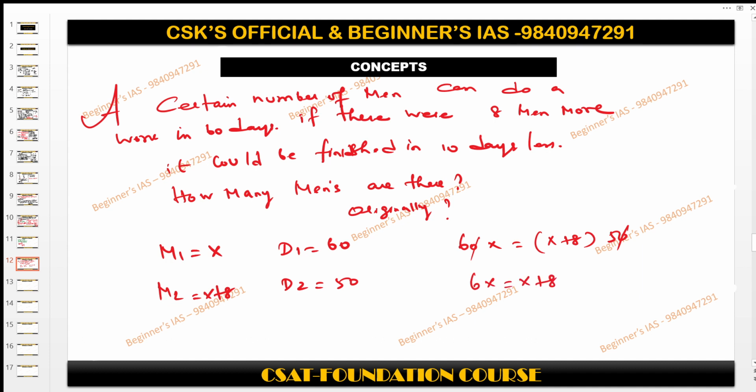Then X is equal to 40. Originally means this one. They will ask you a question on originally. Please remember. Okay. So next question.